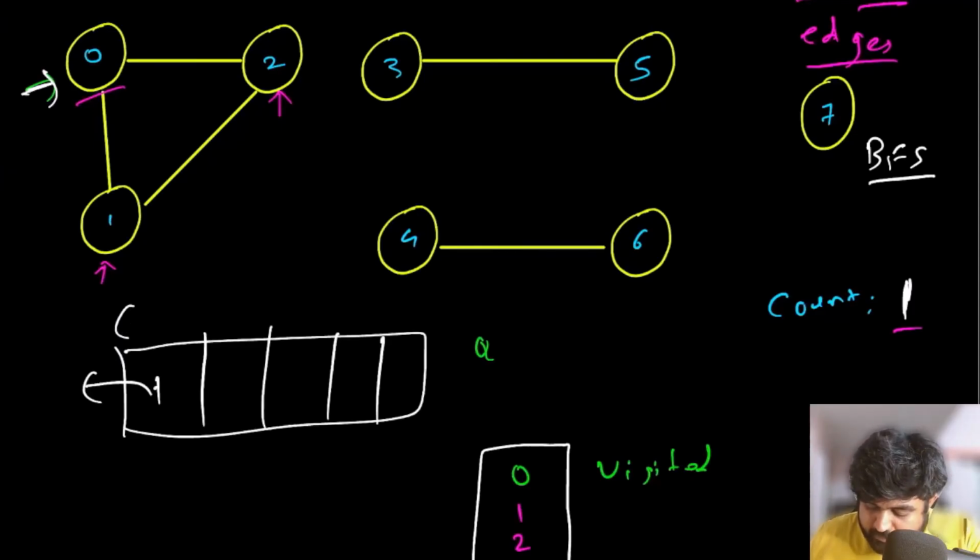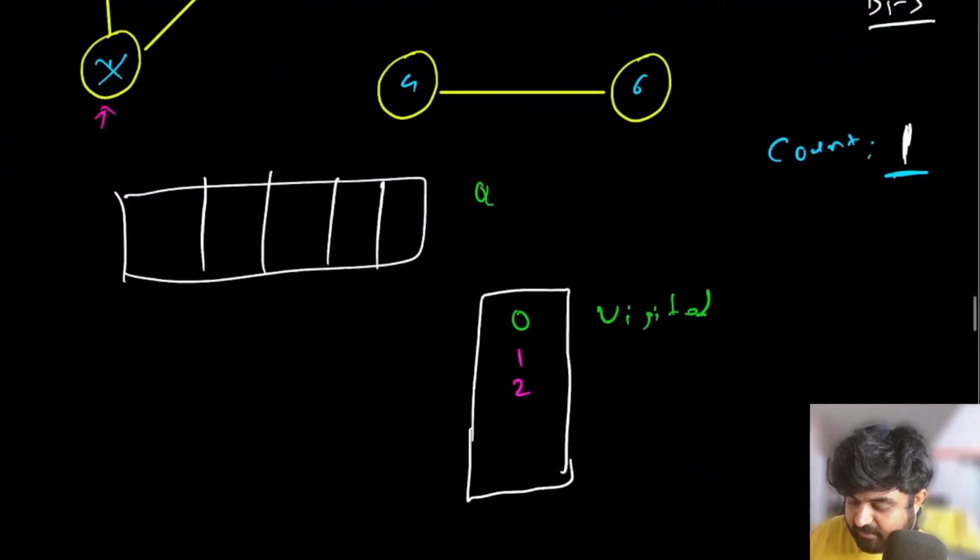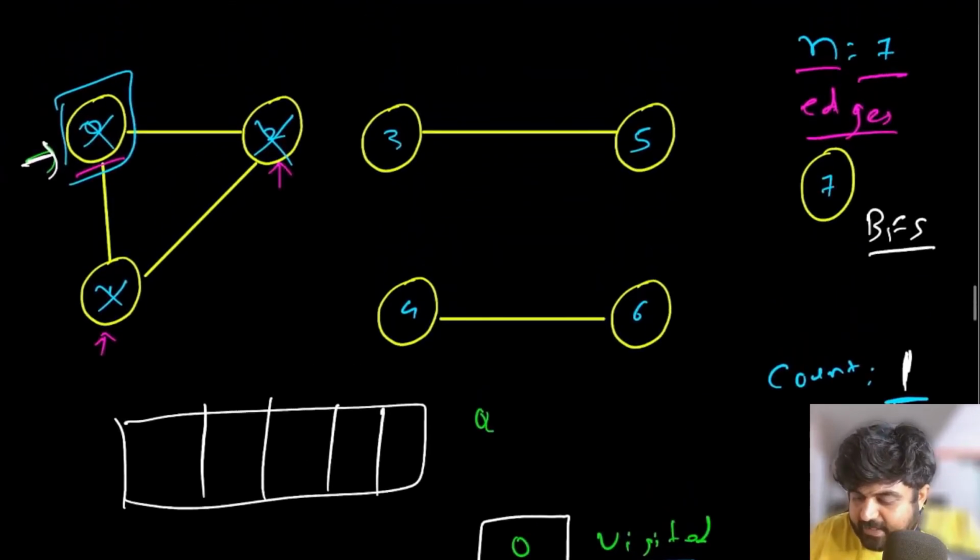Now after doing the BFS starting with the node 0, we have simply eliminated node 2, node 1 and node 0 by itself, and so far the count has been 1, and we have all of these 3 nodes in our visited hash set. But we know that there are still 7 nodes that we have to take care of, so we are going to iteratively go over every single one of them.